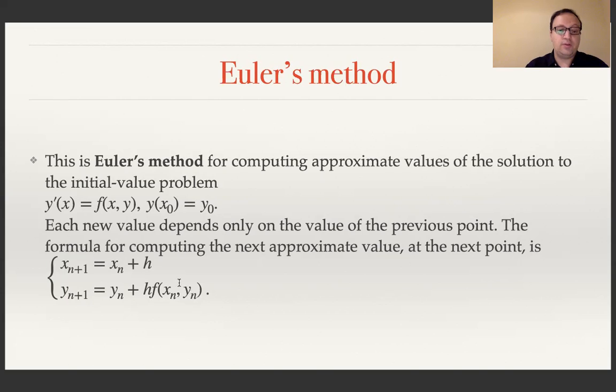And the formula for going from each step to the next step is xn plus 1 is xn plus h. So we add one more h to go to the next point in the grid at which we are computing the function numerically. And the approximate value at that point is yn plus 1 is yn plus h times f of xn and yn, where f is whatever function we have in our ordinary differential equation.